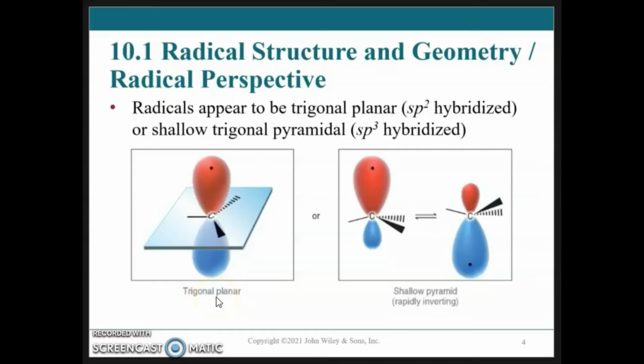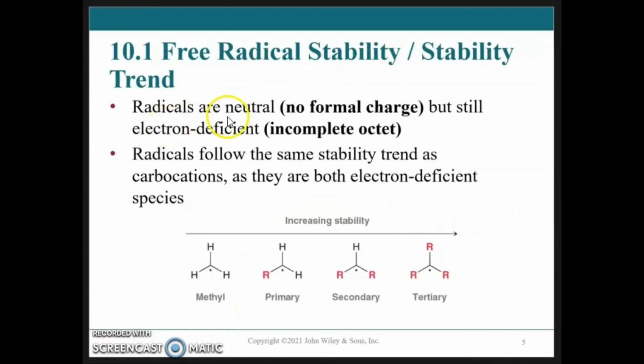They do exist, and when we talked about mass spectroscopy, we talked about the radical molecular ion, but it's most common for radicals to be uncharged. So, as I just mentioned, radicals are neutral, no formal charge, but still electron deficient. And as electron deficient species, they follow the same stability trend as carbocations.